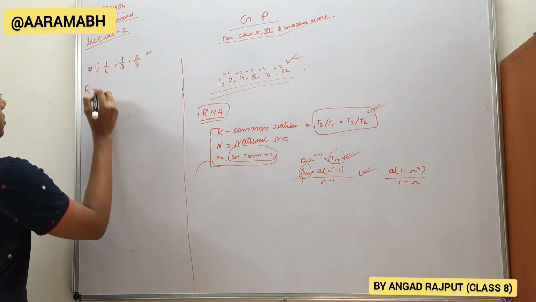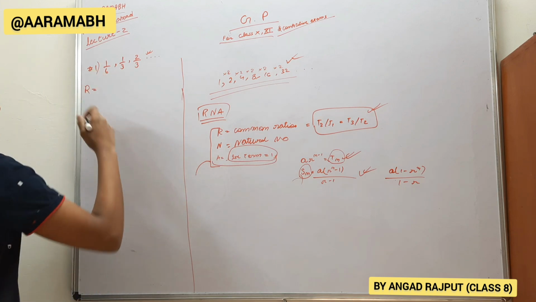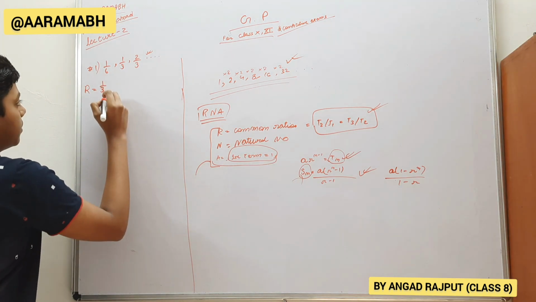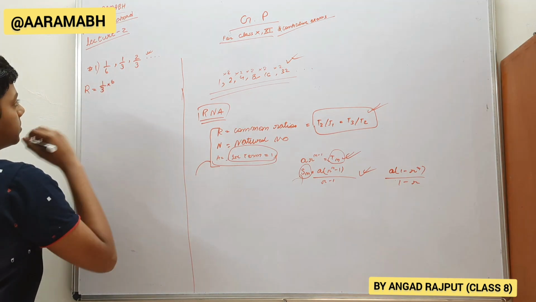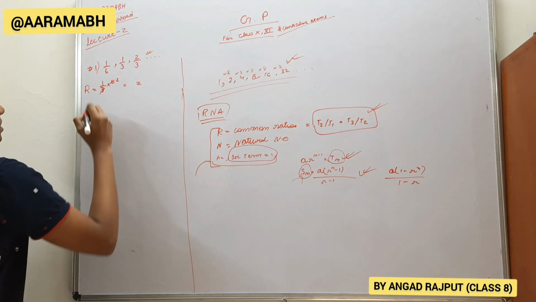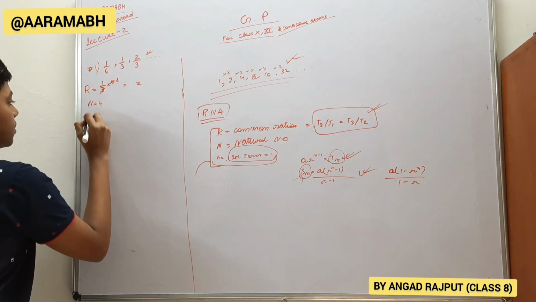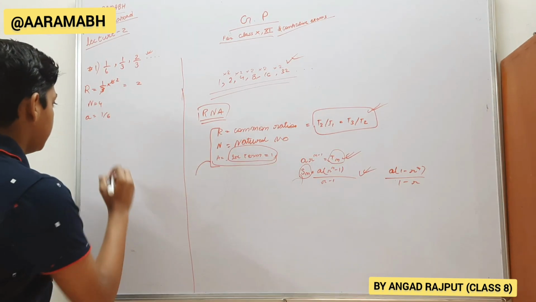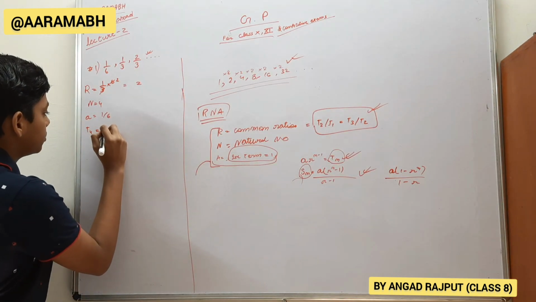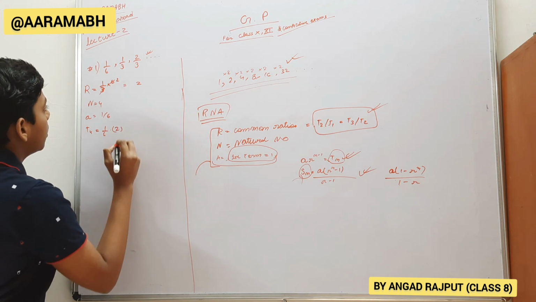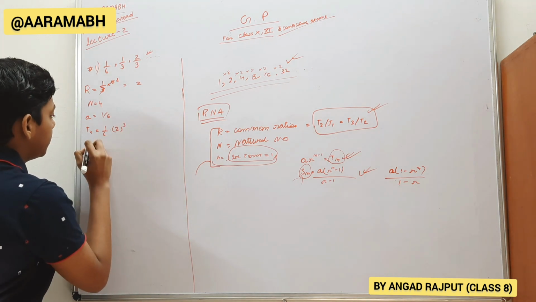First, the procedure: r and a. What's r? T2 by T1, which is 1 by 3 divided by 1 by 6, so it is 2, which means r is 2, n is 4, a is 1 by 6. As you have to find the 4th term, you will write T4 is equal to 1 by 6 into r to the power n minus 1, which is 3.